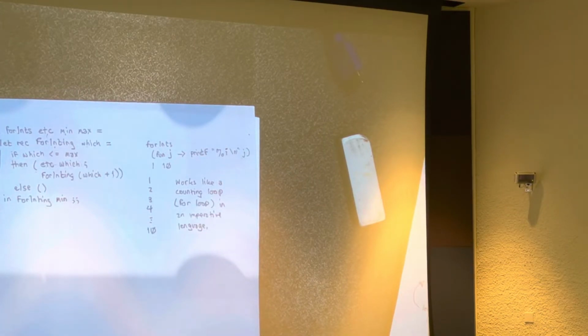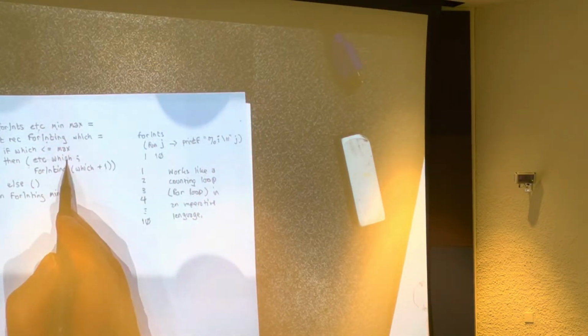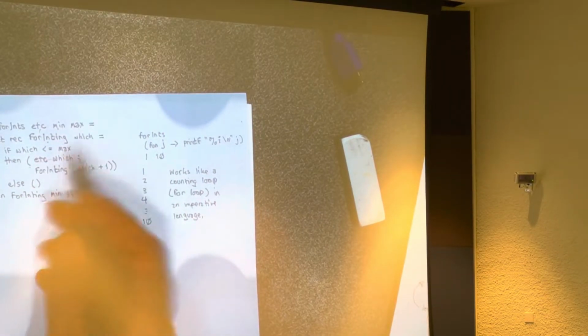Go ahead. Isn't the semicolon where it just kind of executes the function and then forgets it? Isn't that a very imperative thing to do? Well, okay, granted, this is sort of simulating imperative actions, used in an applicative way. So in that sense, you're right.